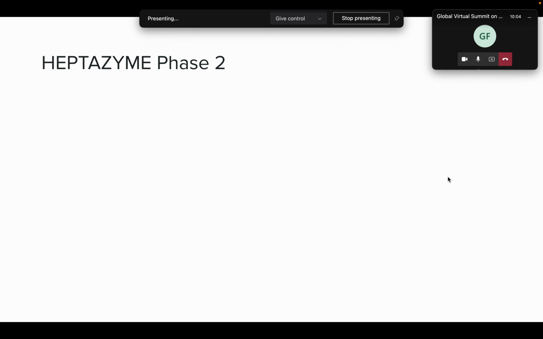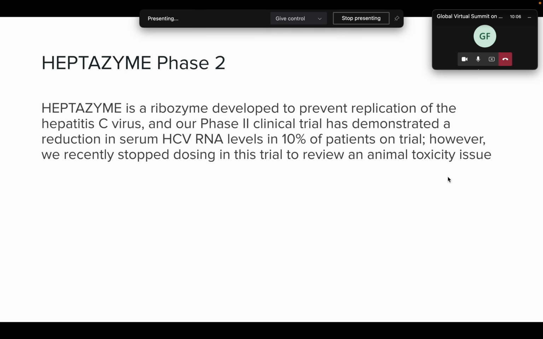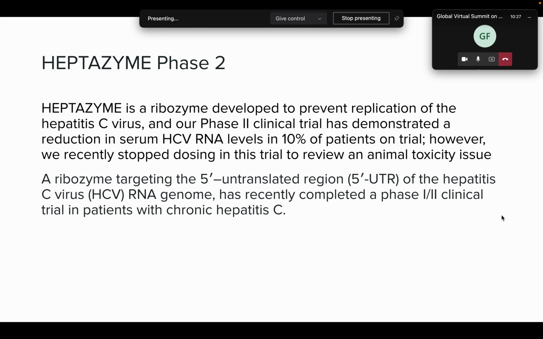And then for the hepatozyme phase 2, this was a ribozyme that prevents replication of hepatitis C virus. So the phase 2 clinical trial demonstrated a reduction of serum HCV RNA levels in 10% of the patients on trial. However, there was an animal toxicity issue, and then they stopped the dosing.